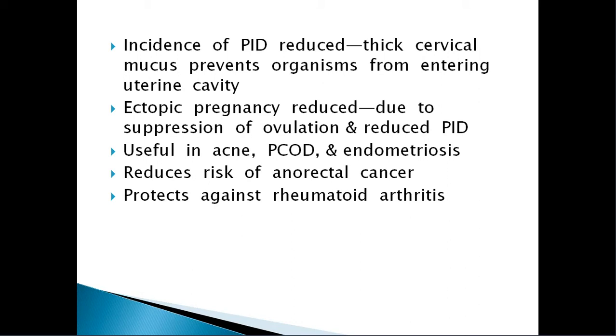Acne is normally because of excess of hormones like estrogens. So when we give these pills, there is no ovulation, no release of excess hormones, so acne will be treated. Then PCOD, polycystic ovarian disease, is the condition where multiple follicles are developing in the ovary without the development of any single mature follicle.